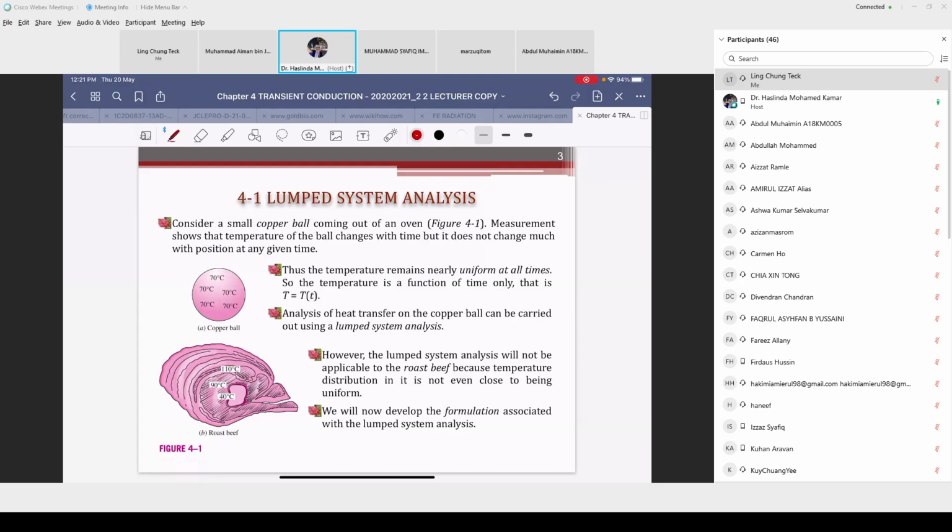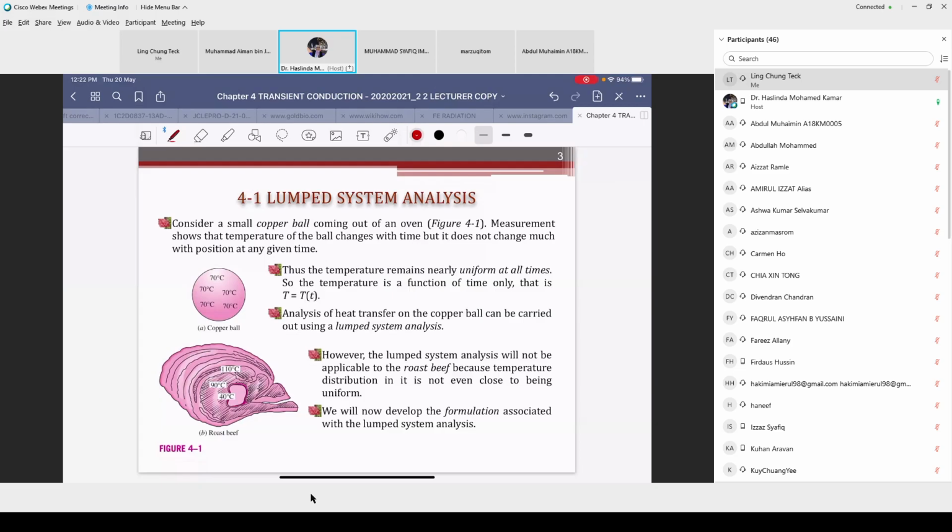I know for sure the copper ball will reach a certain or higher temperature faster compared to the roast beef. Agree? And the temperature is also uniform throughout the copper ball compared to the roast beef. Betul? So, lumped system analysis is applicable to copper ball only, not roast beef.